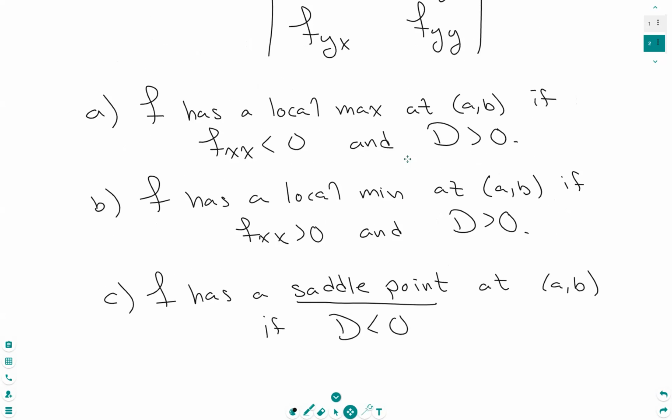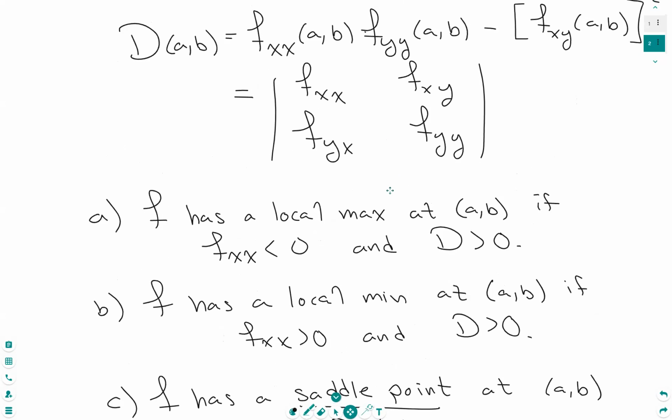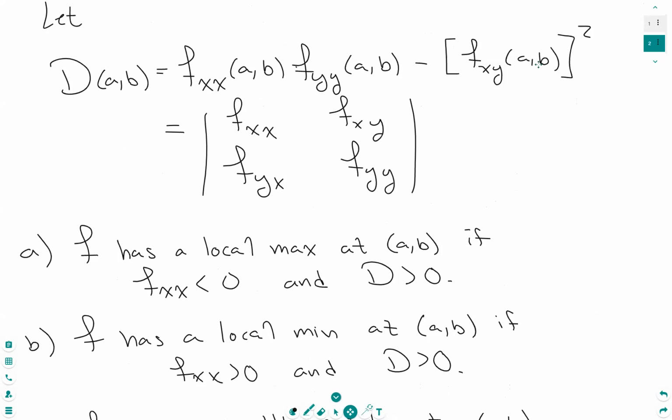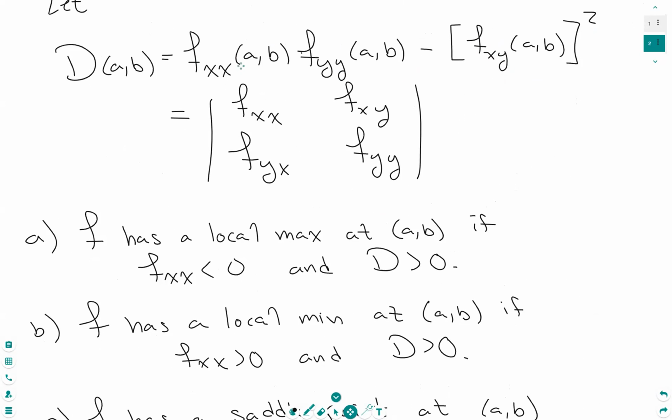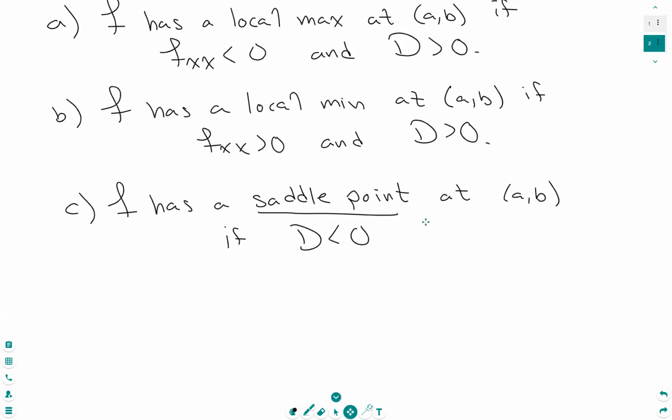We can think about that in terms of what's happening with our discriminant here. If it's a max in one direction and a min in the other, I'll have a negative and a positive in this product, right? So I'll overall get a negative quantity. This, because it's squared here, will always be a subtraction of a positive quantity. So I'll get a negative number.